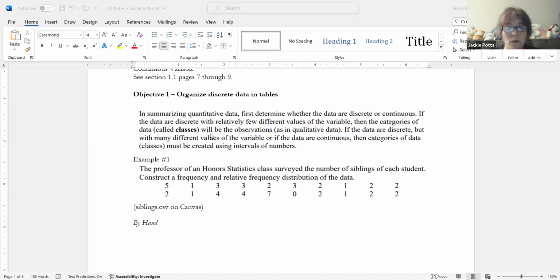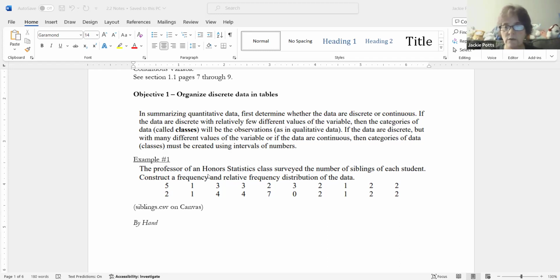But yeah, we're going to start with this, and we're going to start talking about classes. The classes really are categories or the variables, except with quantitative and continuous, a lot of times we have class widths because of the fractional versus the discrete, which is 1, 2, 3, 4. With class widths, we have to have the continuous to allow for all the fractionals.